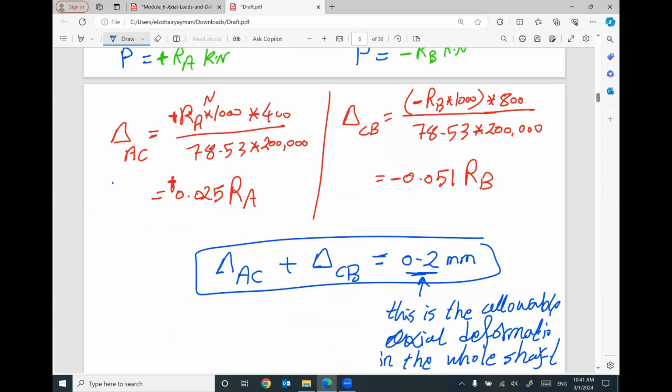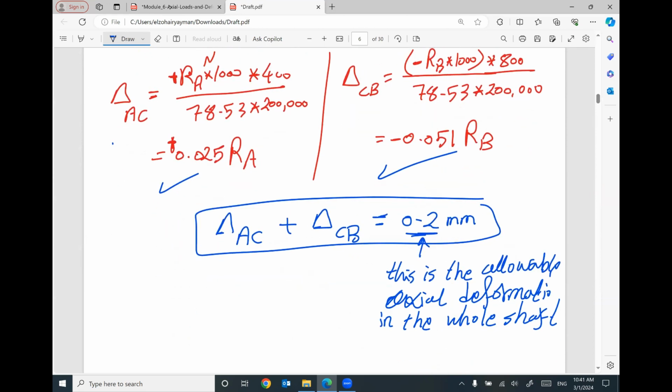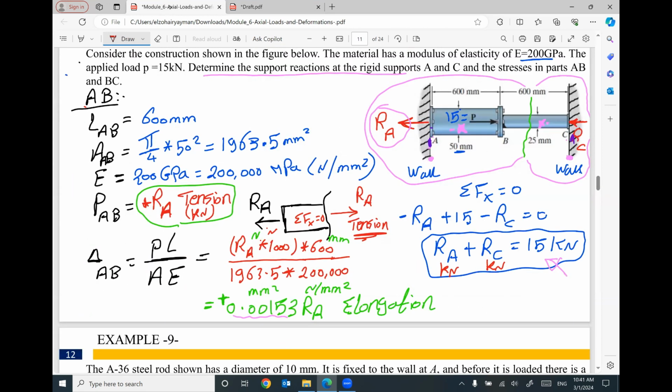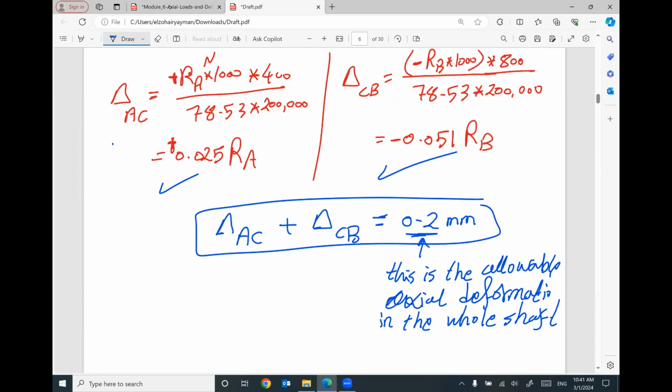So once you get the axial deformation in each part, the summation of all of them will equal 0.2 millimeter. In the previous example, the summation of the axial deformation equaled 0 because we didn't have any gap. But in this one, the summation for the two parts will equal 0.2 because after 0.2, no axial deformation is allowed. That makes sense?